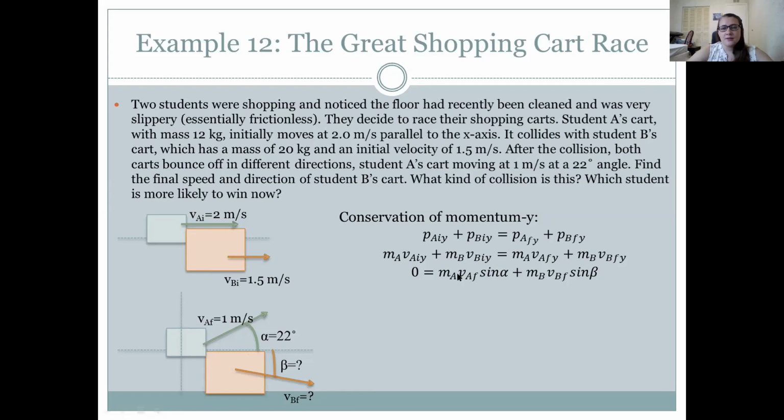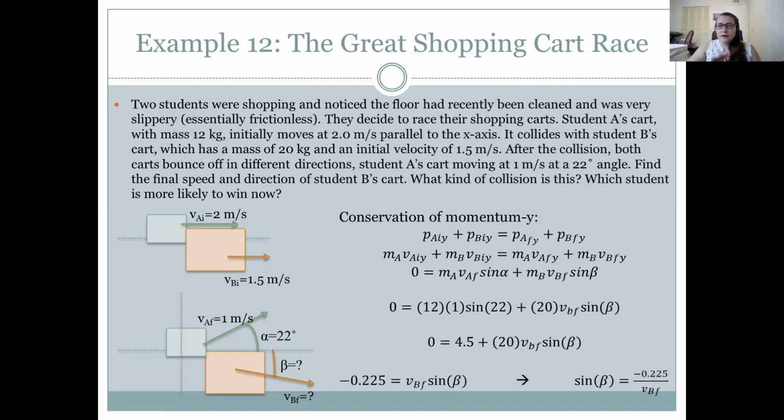So mass of A times the final velocity of A times the sine of that angle, plus the mass of cart B times the final velocity of B times the sine of its angle beta. Plug in our numbers: our masses, the final velocity for A, which we know, and our alpha angle, which we know. Simplify that. So 0 equals 4.5 plus 20 VBF times the sine of beta.